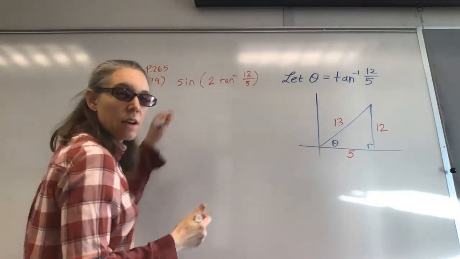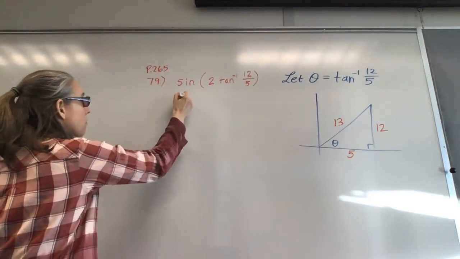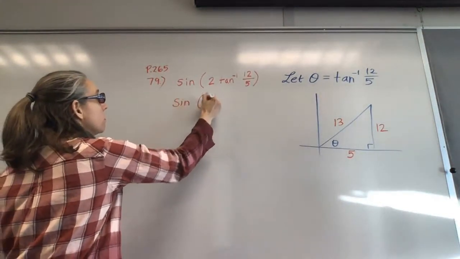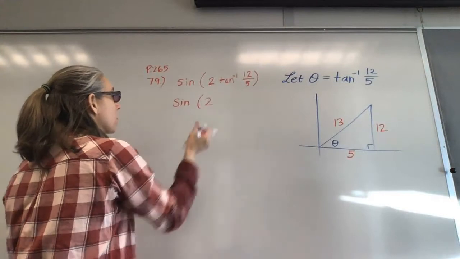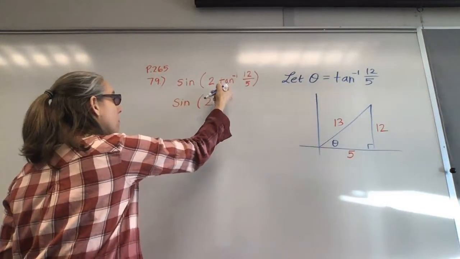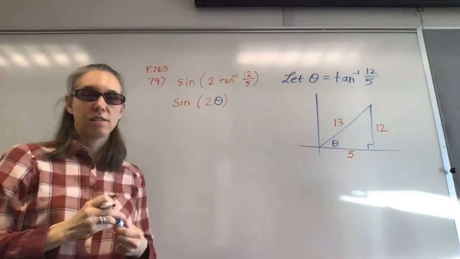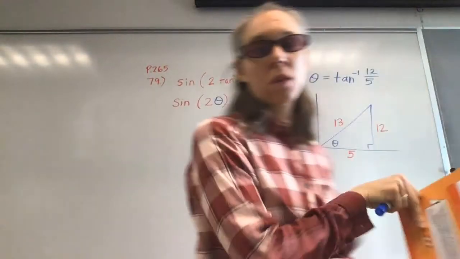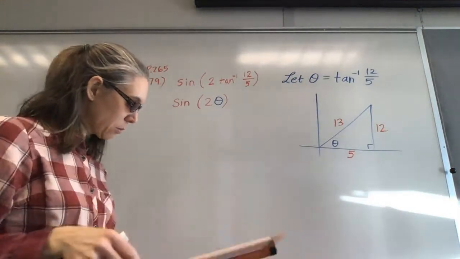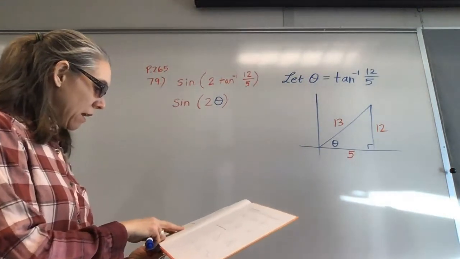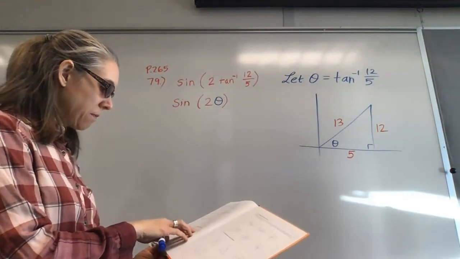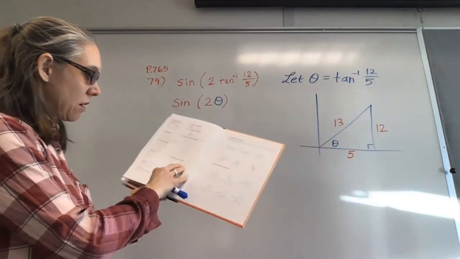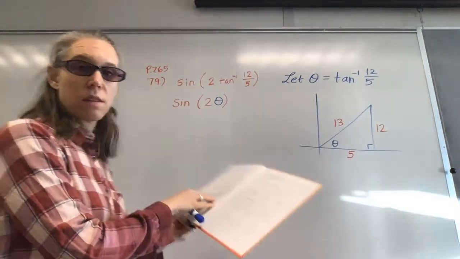If I copy this line again, now I have a sine 2 theta. So I'm going to go to the back of the book where I see all those double angle formulas. And I see that the sine of 2 theta here is 2 sine theta cosine theta.